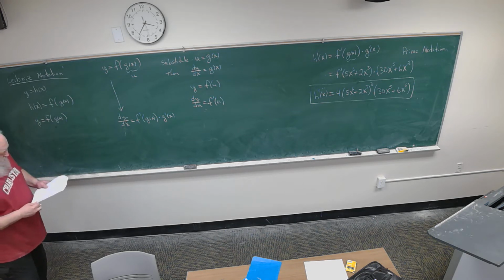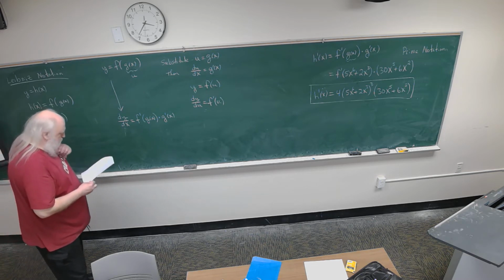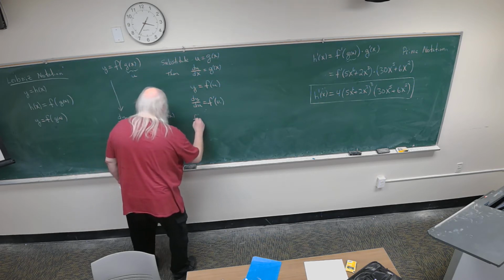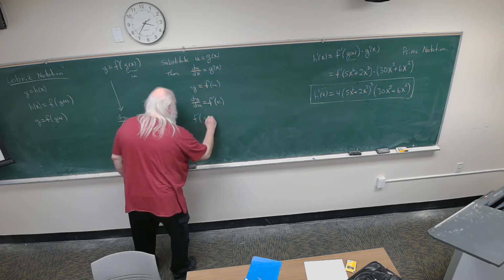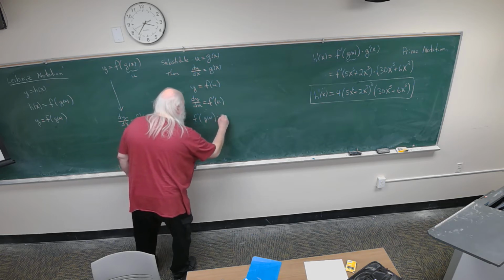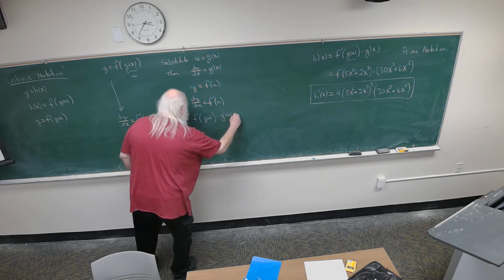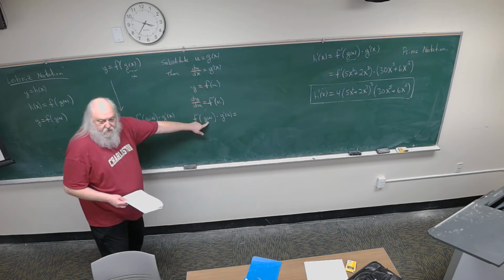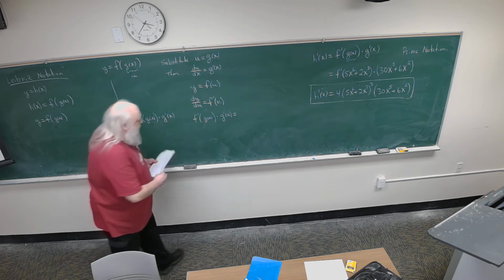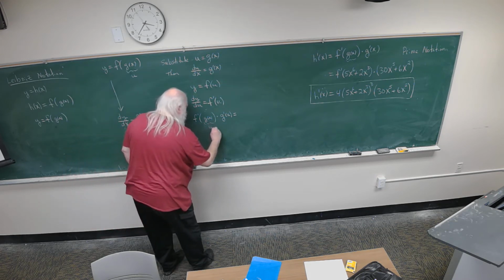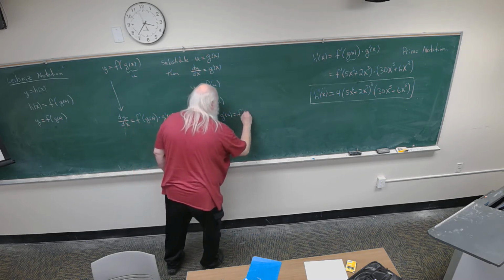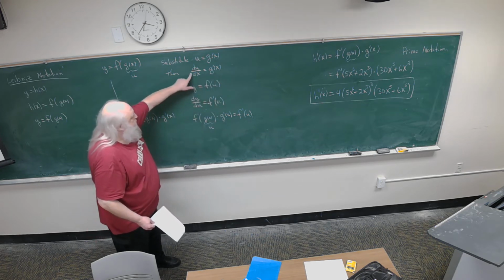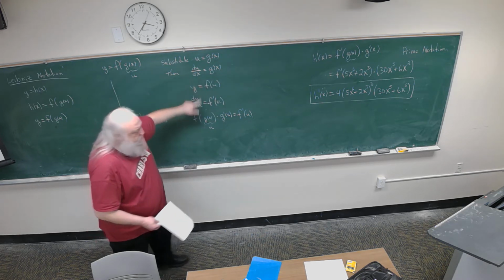Well, on the right-hand side, f prime of g of x times g prime of x, if I replace, remember, u is equal to g of x, so if I replace g of x with u, I have f prime of u. And g prime of x is equal to the derivative of u with respect to x.